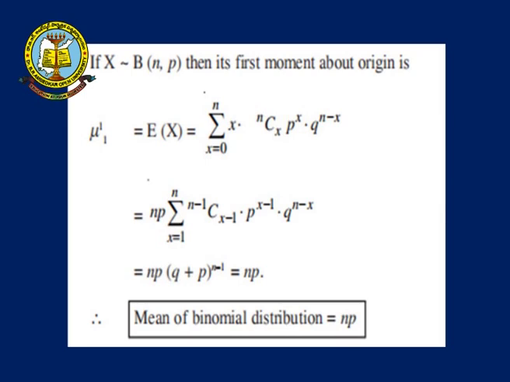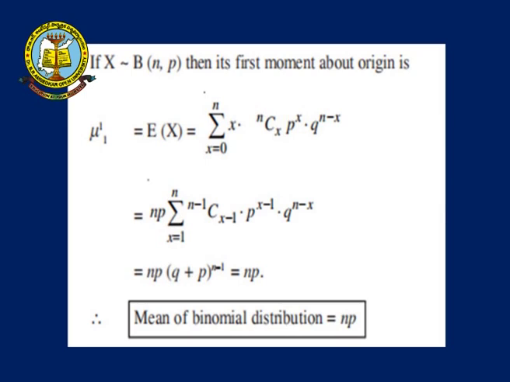If x follows binomial distribution B(n, p), then its first moment about origin is mu1 dash, which is the mean of the distribution. So mu1 dash is equal to expectation of x, which is the sum over x equal to 0 to n of x into nCx into p^x q^(n-x). What is this?